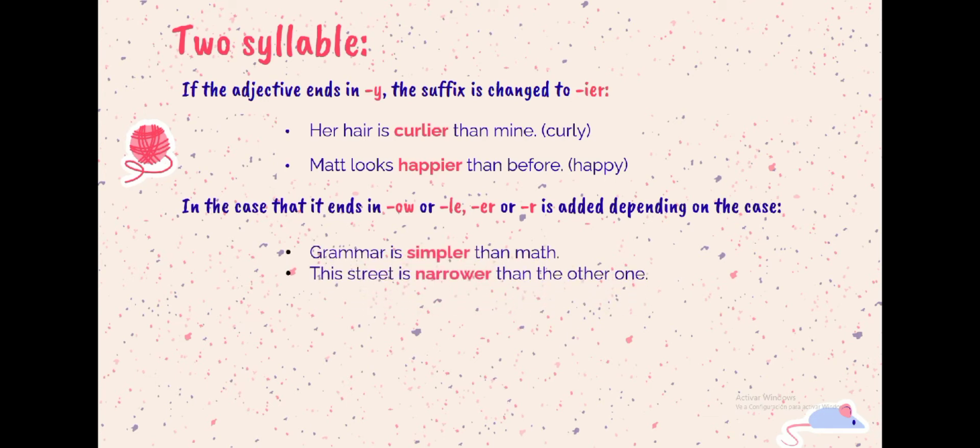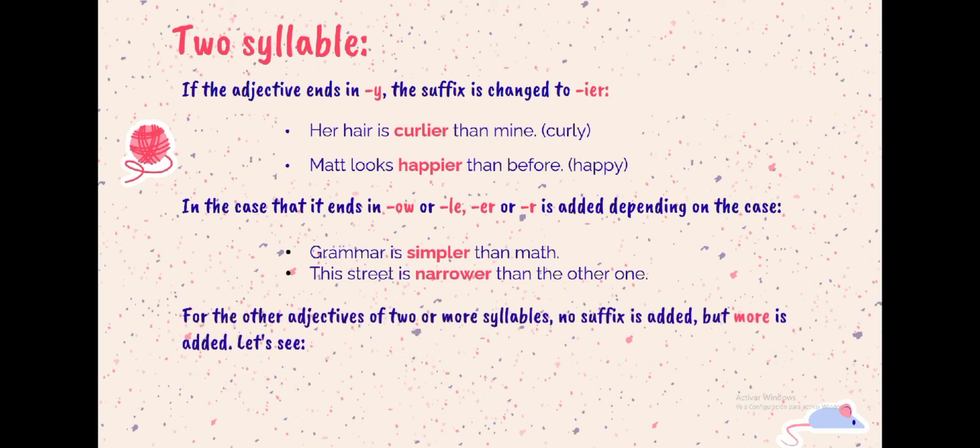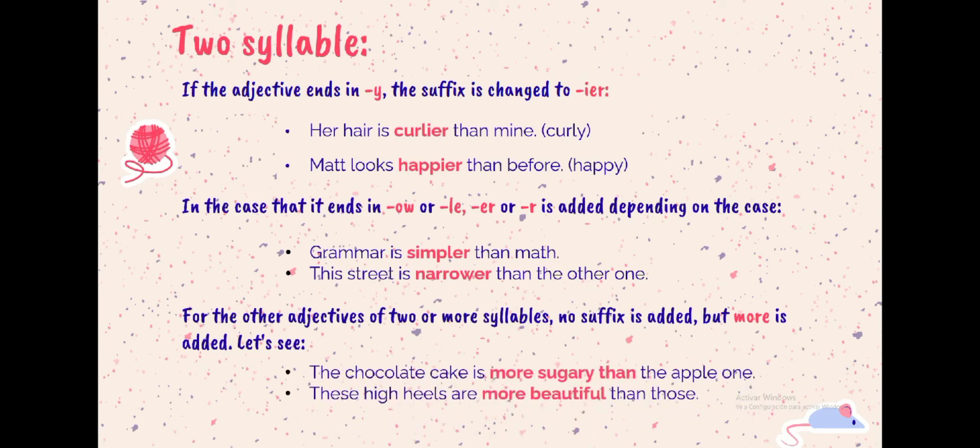Example, number 1, grammar is simpler than math. Number 2, this thread is narrower than the other one. 4. For the other adjectives of 2 or more syllables, no suffix is added, but more is added. Let's see. The chocolate cake is more sugary than the apple one. The high heels are more beautiful than dust.